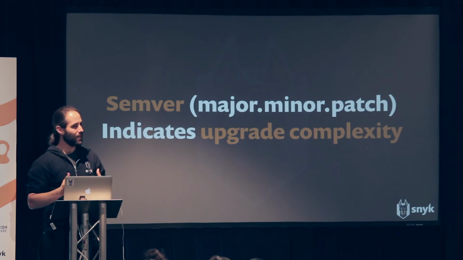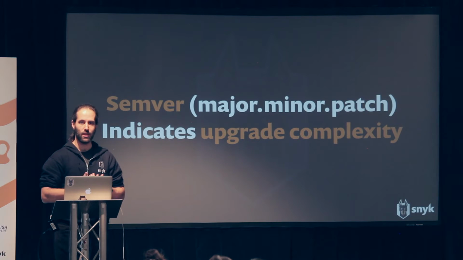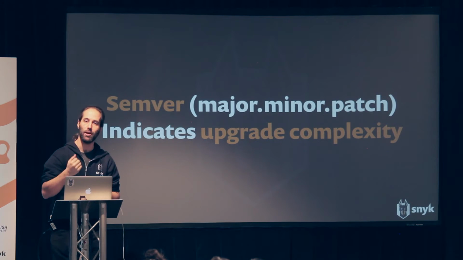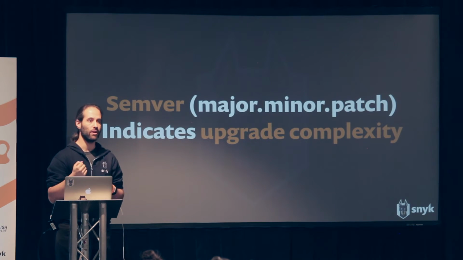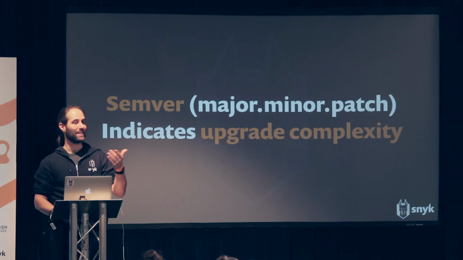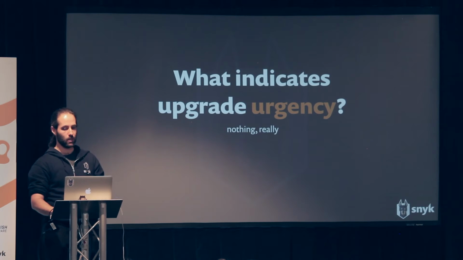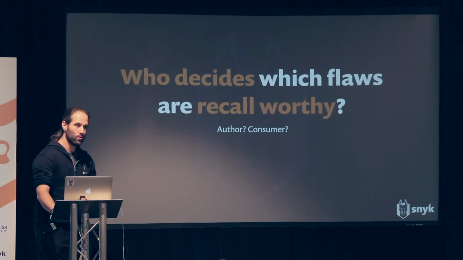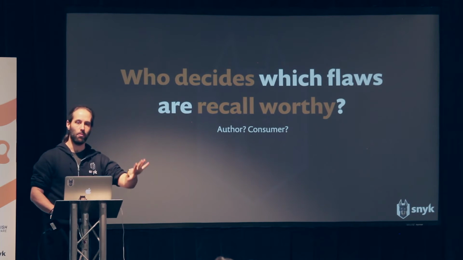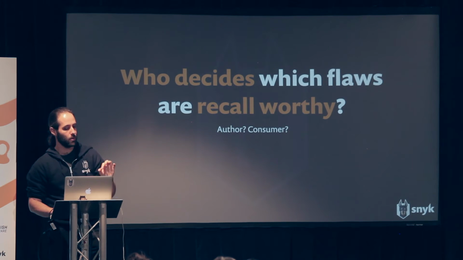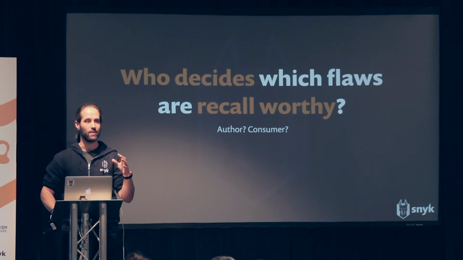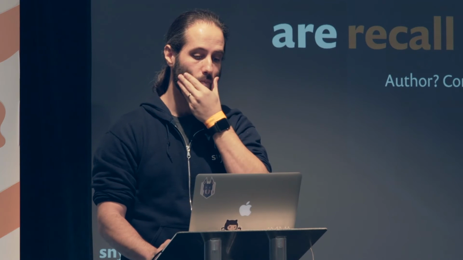And we use all sorts of semantics, like semantic versioning, to understand the implications of updating. So they integrate the update complexity, but there's nothing in there that indicates update urgency. This is the same problem as we see in commercial software, but maybe with a twist, because this has to be a little more standardized in open source.